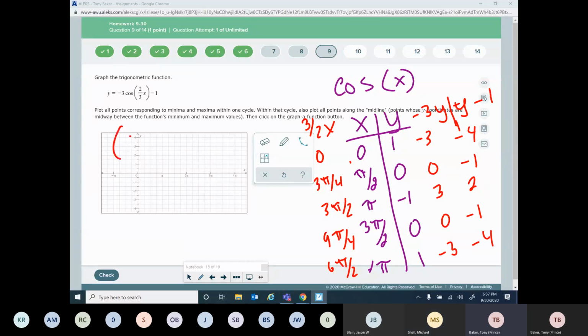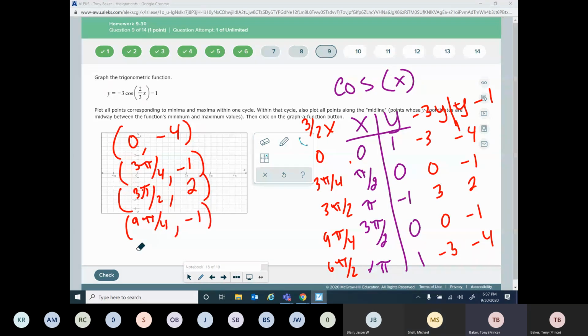So the points that I would graph would be 0, negative 4, 3 pi over 4, negative 1, 3 pi over 2, 2, 9 pi over 4, negative 1, and then 6 pi over 2, negative 4.